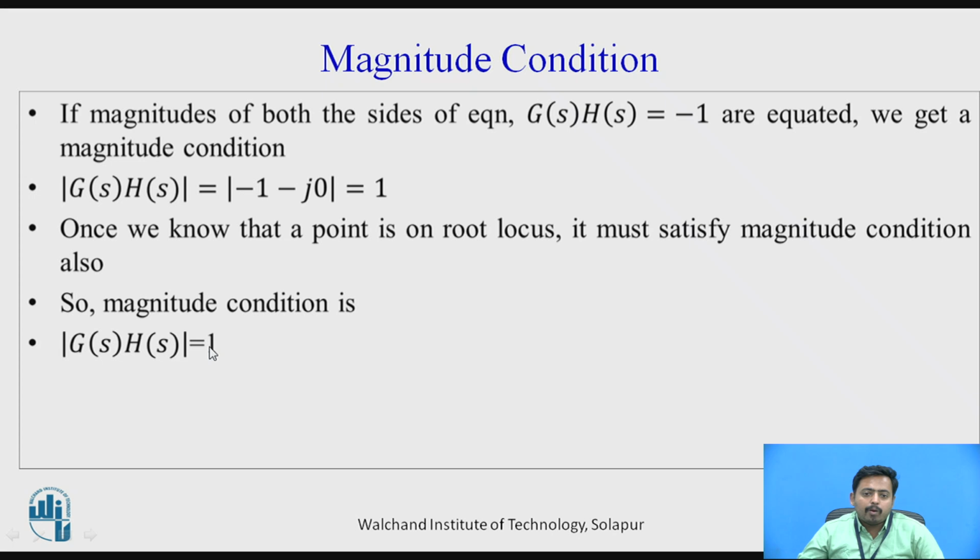So this is the magnitude condition. A point should satisfy both the angle condition and the magnitude condition. Once these conditions are satisfied, it must lie on the root locus. If not satisfied, it is out of the root locus.